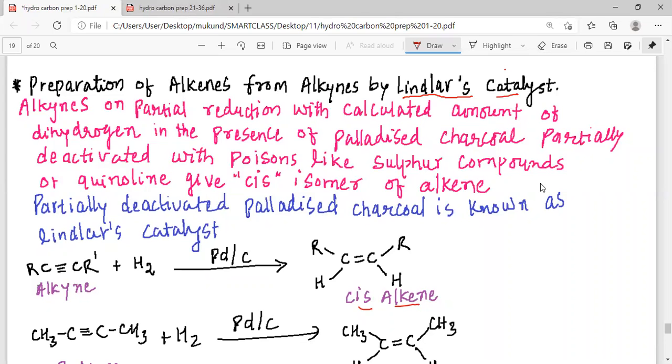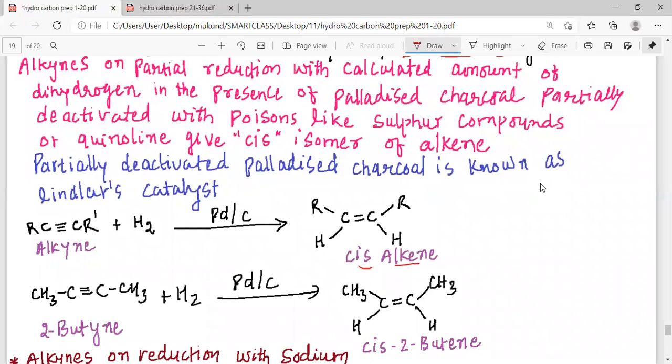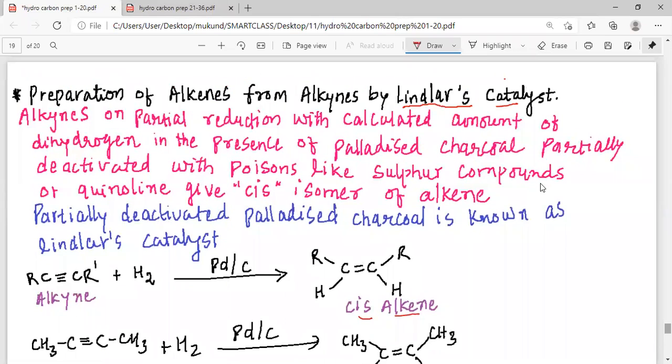So, let us study now about the preparation of alkene from alkynes by Lindlar's catalyst.